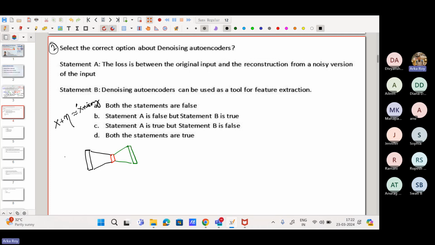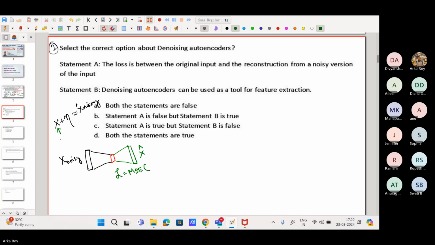Now you feed this X noisy in the input, and at the output you try to reconstruct an output that is X hat, and you try to minimize the MSE between the reconstructed output and the original.